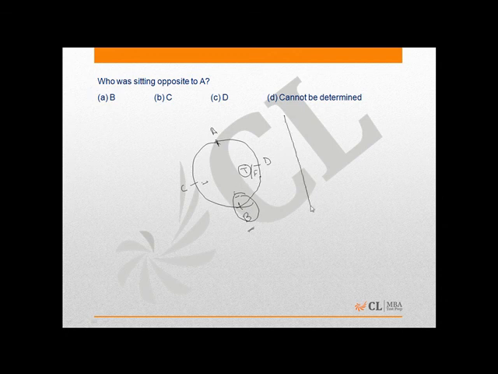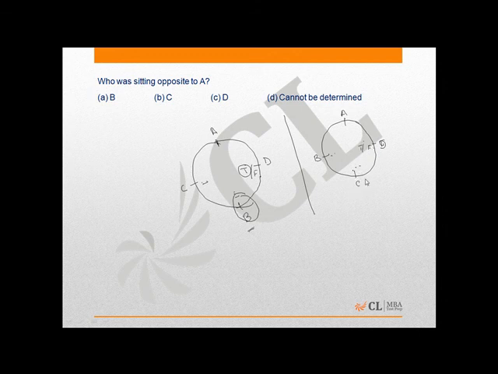Now let's talk about the second case when C is sitting opposite to A. So A is sitting at this position, C is sitting at this position, B and D are sitting adjacent to C. Now B and C's answers don't match, and if we look at D's perspective, D has marked all true or false.